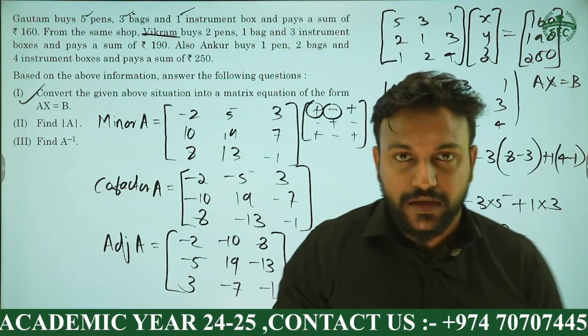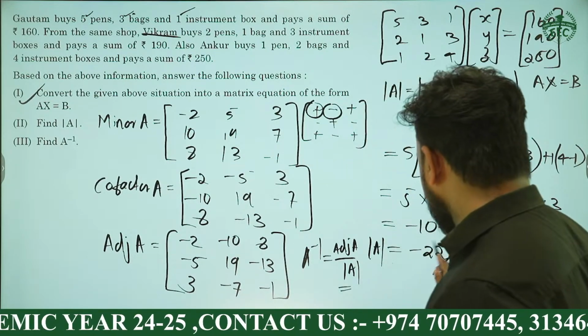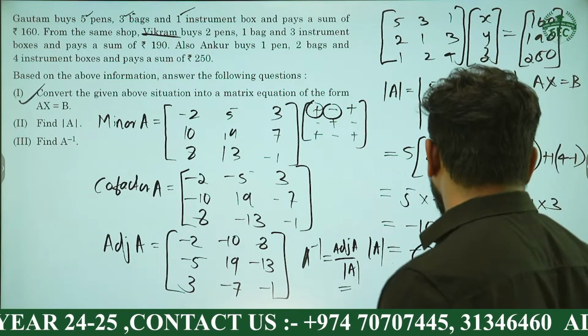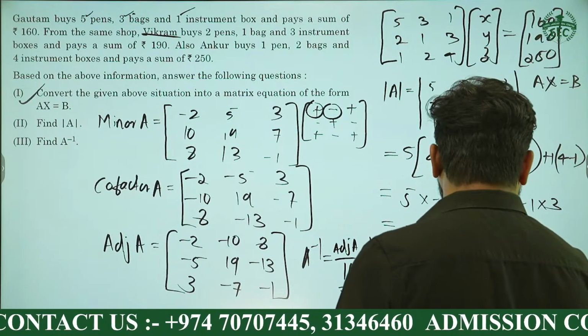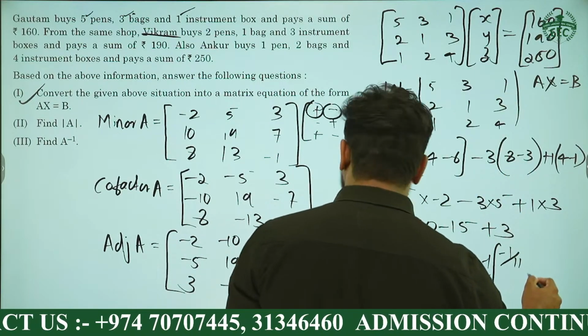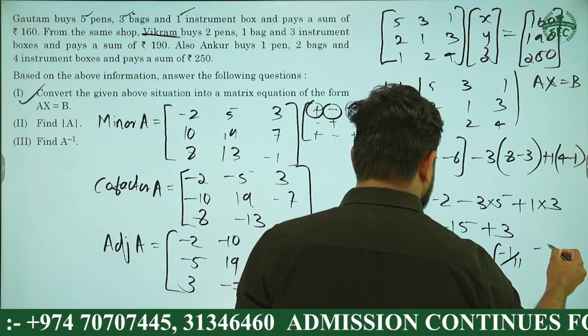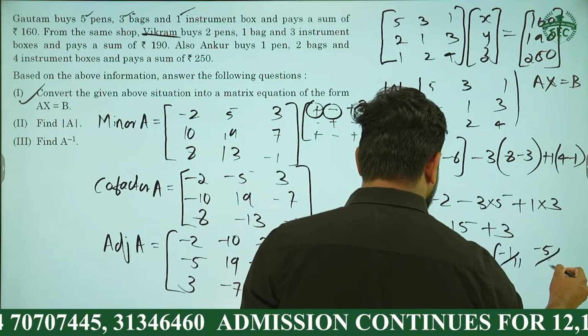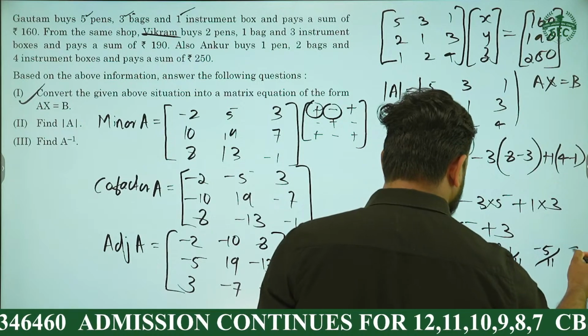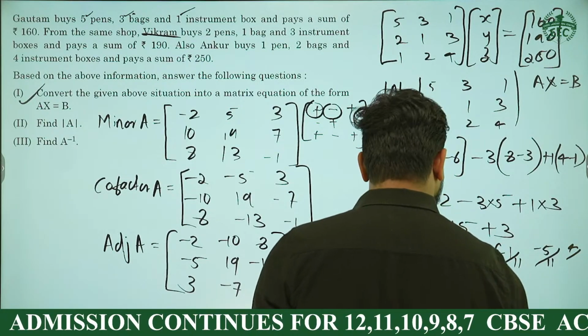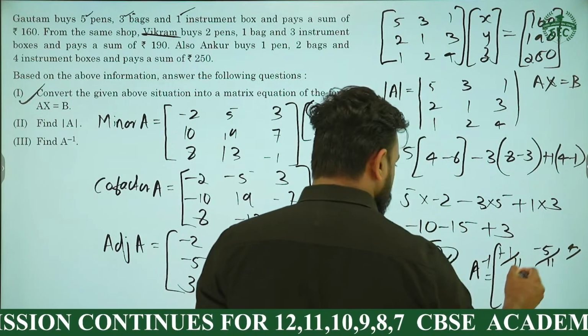That's all. You can divide each term by minus 22. What will you get then? A inverse will be like minus 1 by 11, minus 5 by 11, 4 by 11. Sorry, it will be positive because it is minus 22.